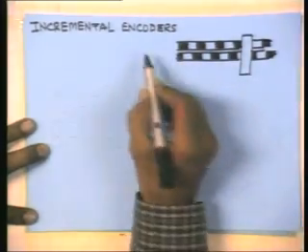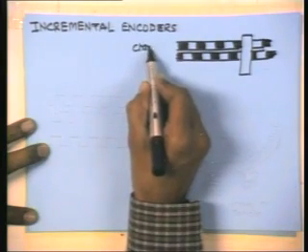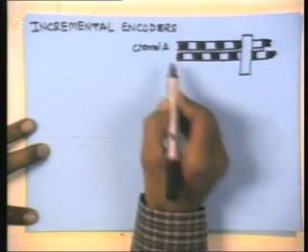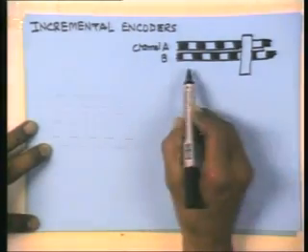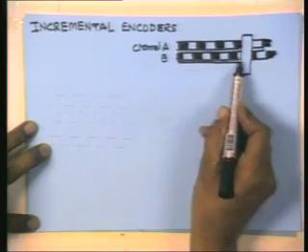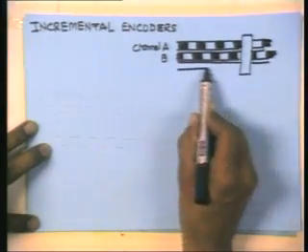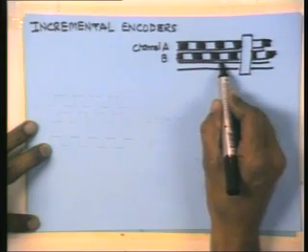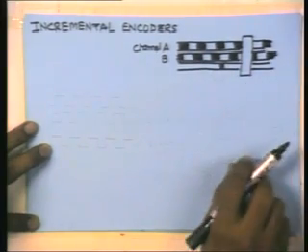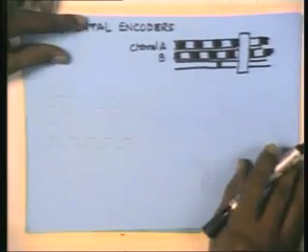So we will call it channel A and channel B. In some cases you will have a third channel also, but the third channel will only have one spot. It's called the index channel.